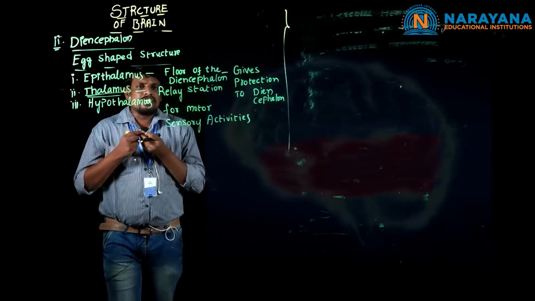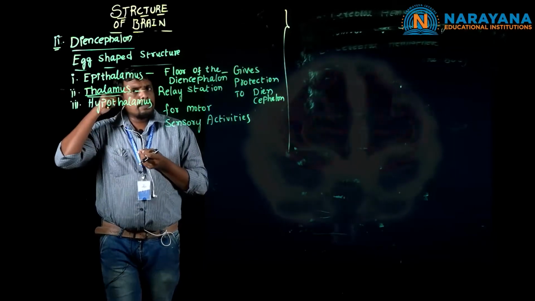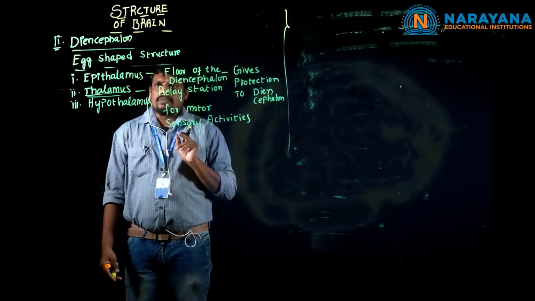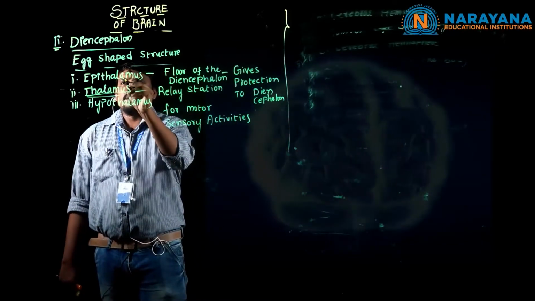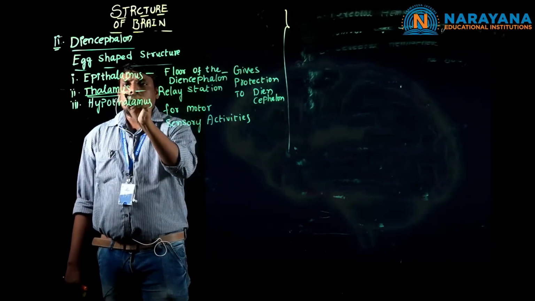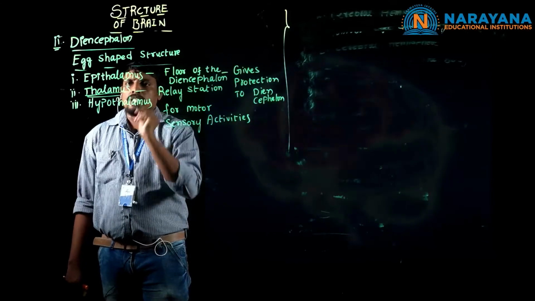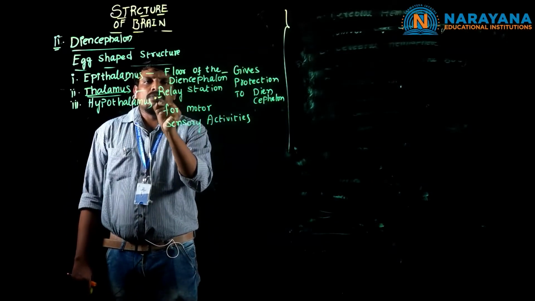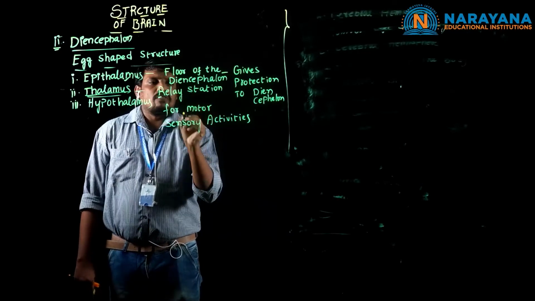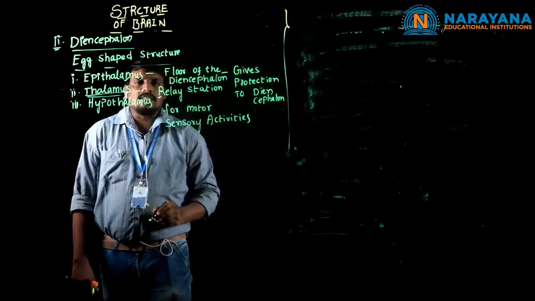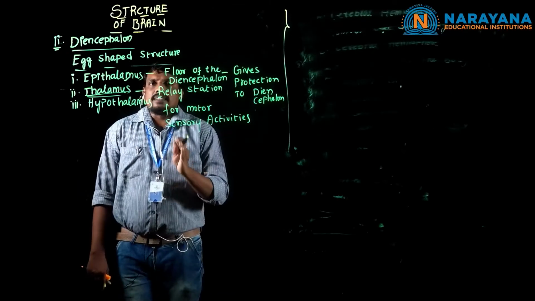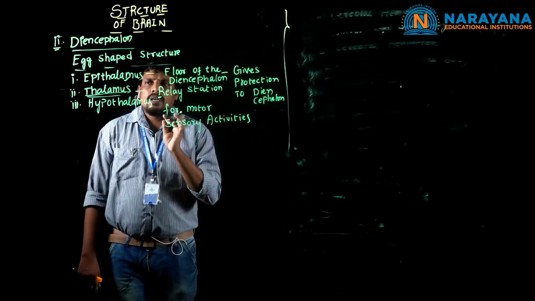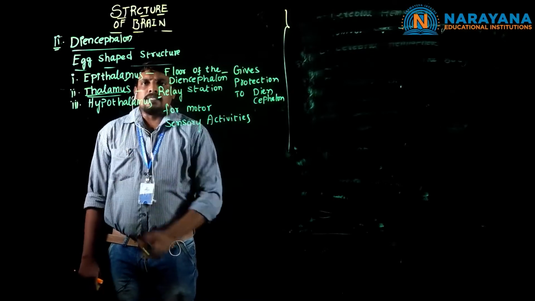What do you mean by relay station? There are three divisions in the diencephalon. First one is epithalamus, second one thalamus, and hypothalamus. Thalamus is responsible as a relay station for motor and sensory activities, which means sensory motor activities are controlled by thalamus.